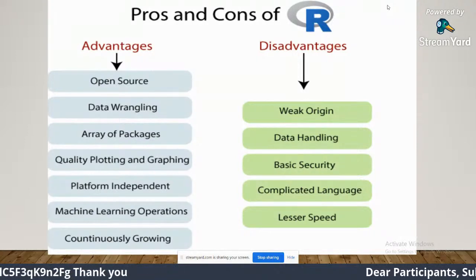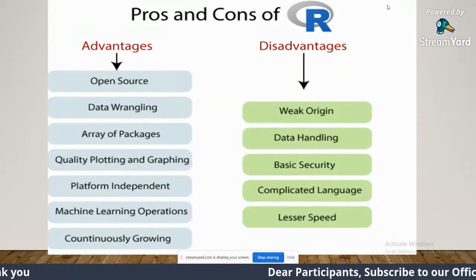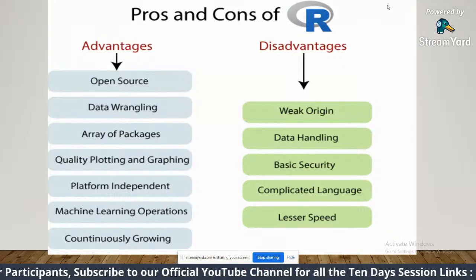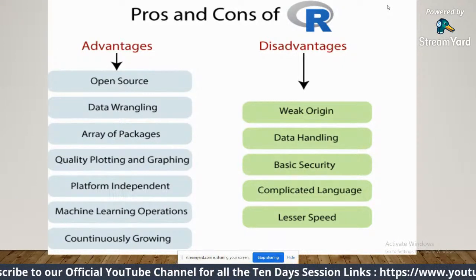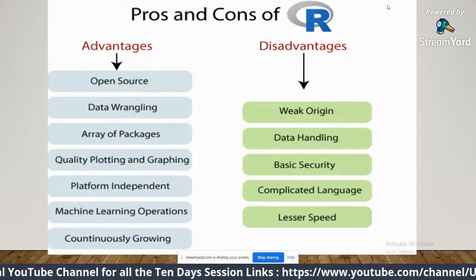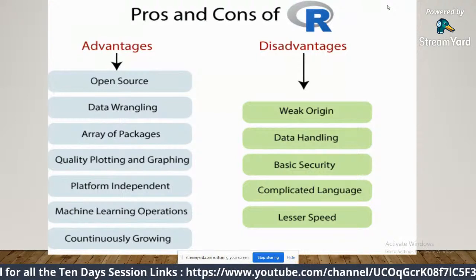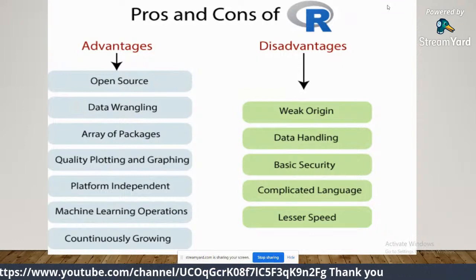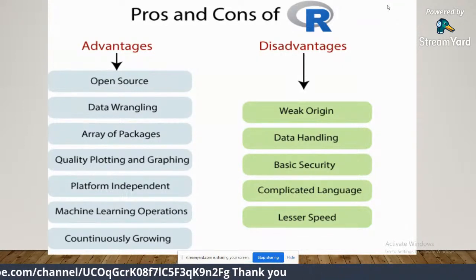Disadvantages: they say it has a weak origin because it started from S, and then they took all the base from there. In data handling also it has a slight limitation, because compared to Python, it has its own limited features. Basic security.